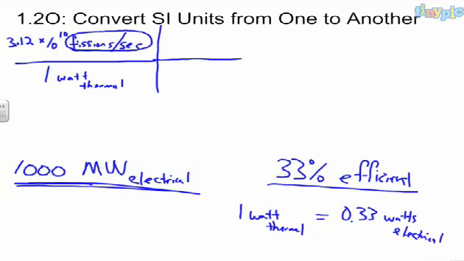So you can convert percent efficiencies into other units. So here, using this relationship, we can say that 1 watt of thermal power at the reactor plant produces 0.33 watts of electrical power.